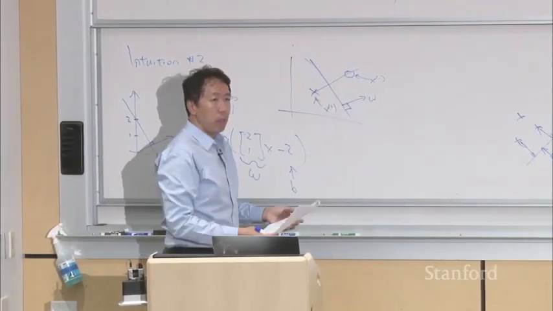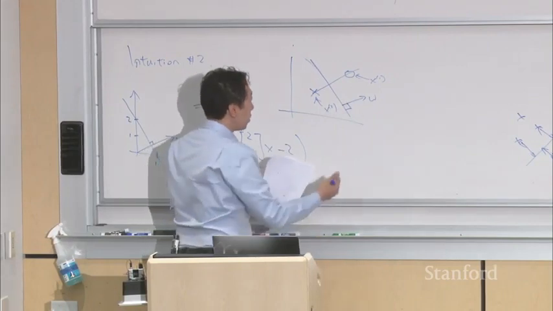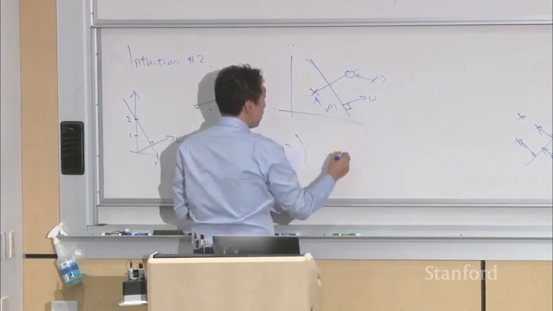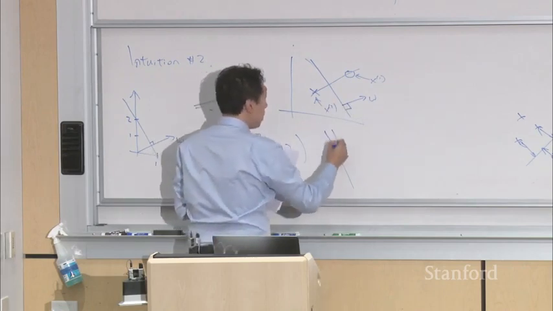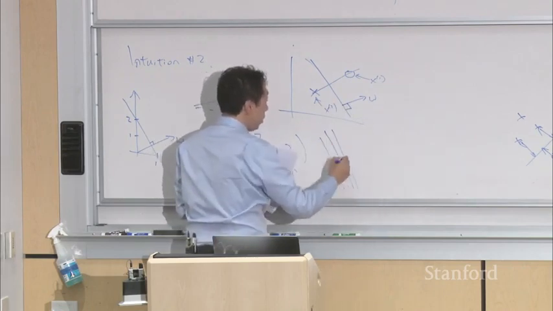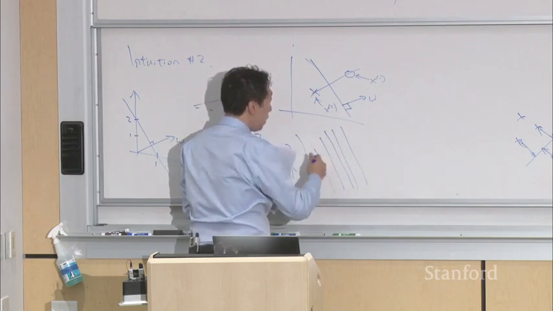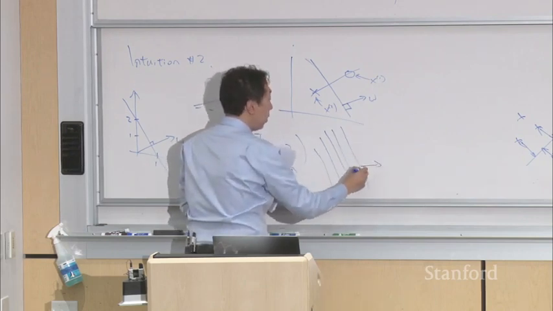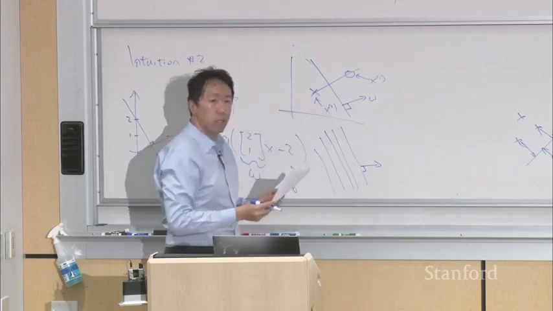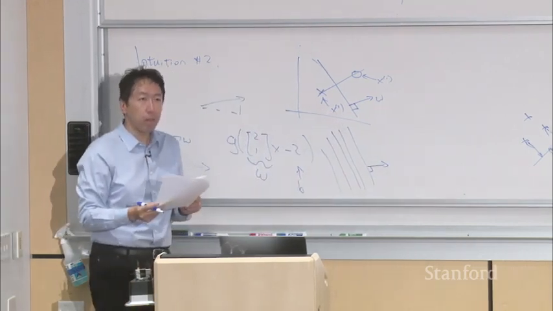The way to picture this is that W sets the direction of the decision boundary, and as you vary B, setting different values of B will move the decision boundary back and forth like this, and W pins the direction of the decision boundary.